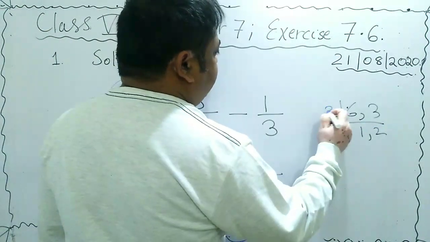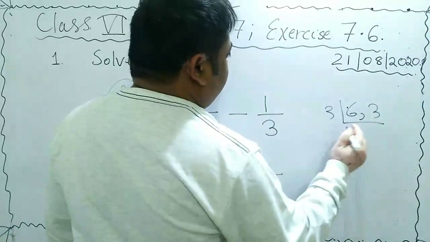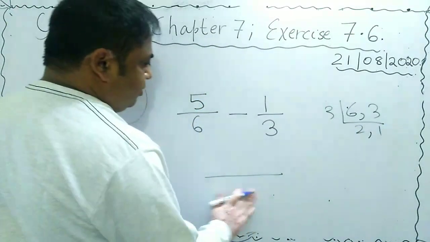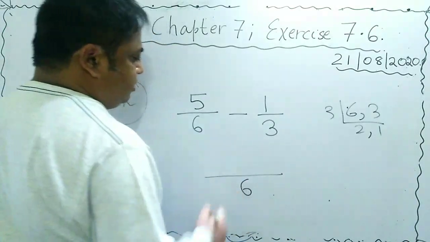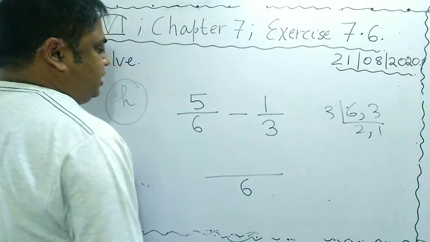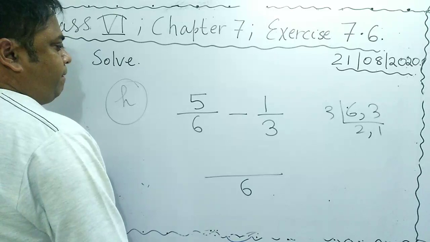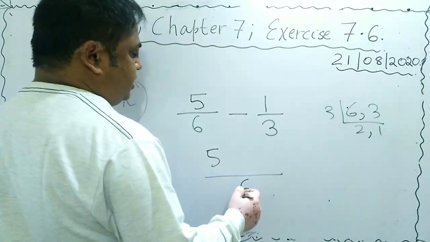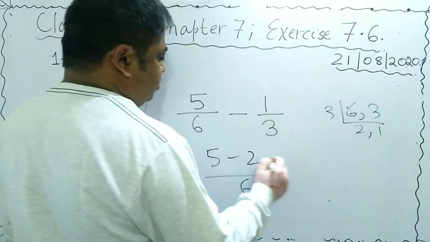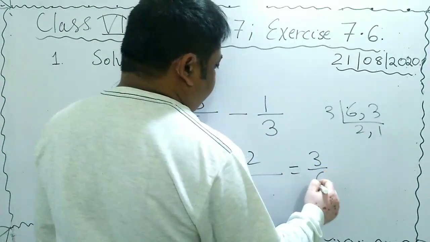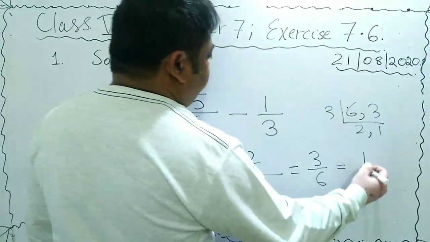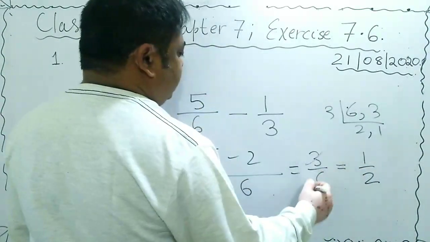No, 3 we will take. 3 2 times, it will be 1 times. So LCM will be 6. So 6 1s are 6 and 1 5s are 5. This will be 3 2s are 6 and 2 1s are 2. So it will be 3 by 6. It can be simplified as 1 by 2 because 3 2s are 6.